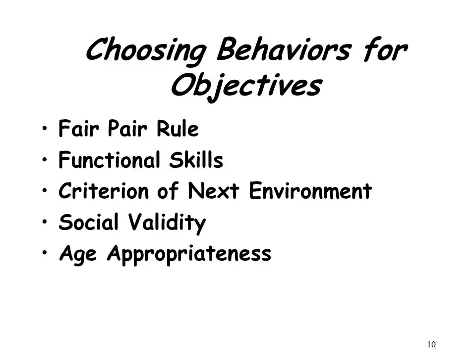We may find that it's a way that student escapes demands. Then we want to identify a skill that will help that person either cope with the demands or somehow request a break, or in other words, what's a behavior that person's going to use to get the same need met that the problem behavior met.